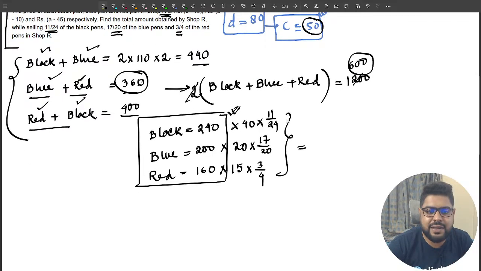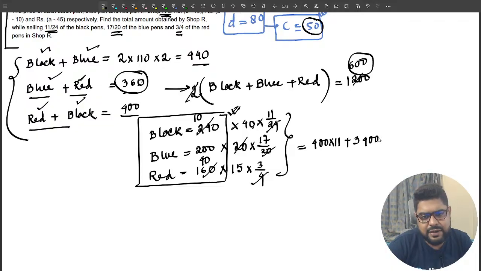Let's calculate. 24 tens of this, 20, 20 gone, sir. 440 of this. So 40, 400 into 11, plus this is 70, this is 3400, plus this will be, sir, 3 5s are 45, 45, 90, 180.